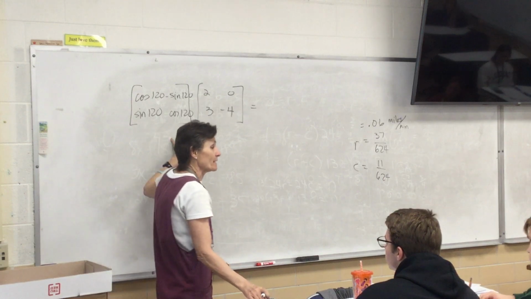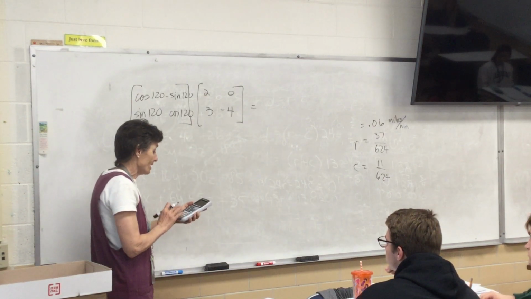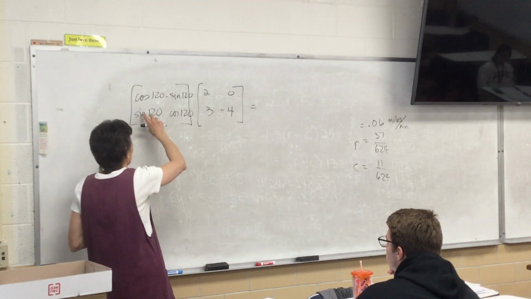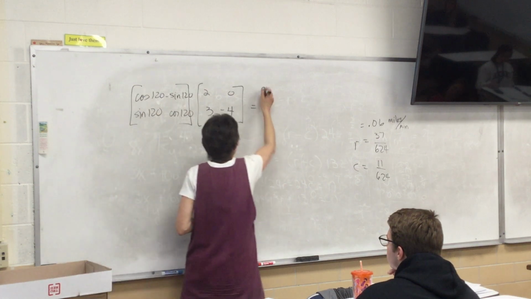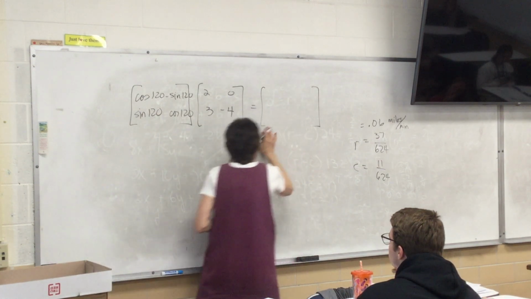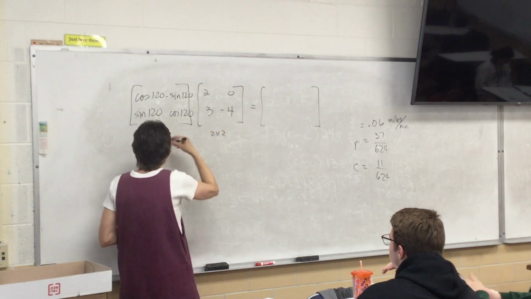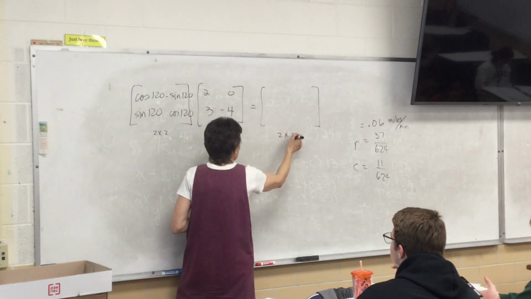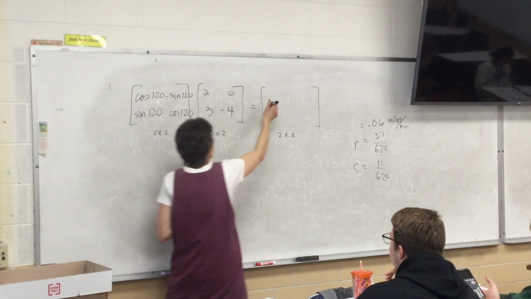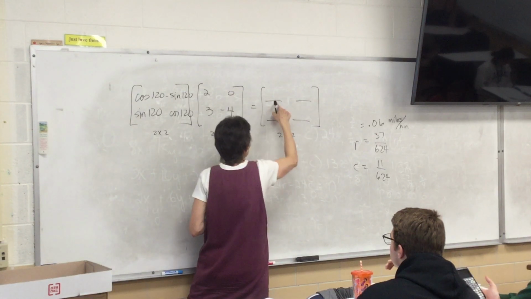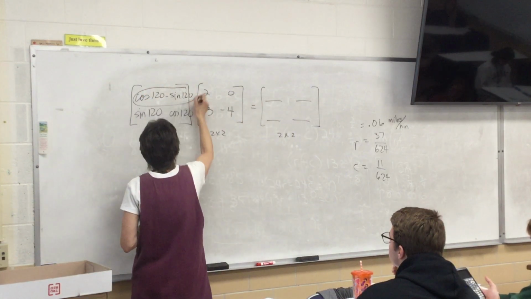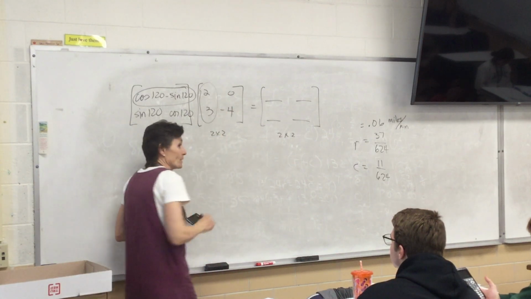But I am going to ask you not to round off. So you are simply going to do matrix multiplication. This is a 2 by 2, this is a 2 by 2, so they're multipliable. It's gonna give me another 2 by 2. And to get this entry right here, I multiply this times this.